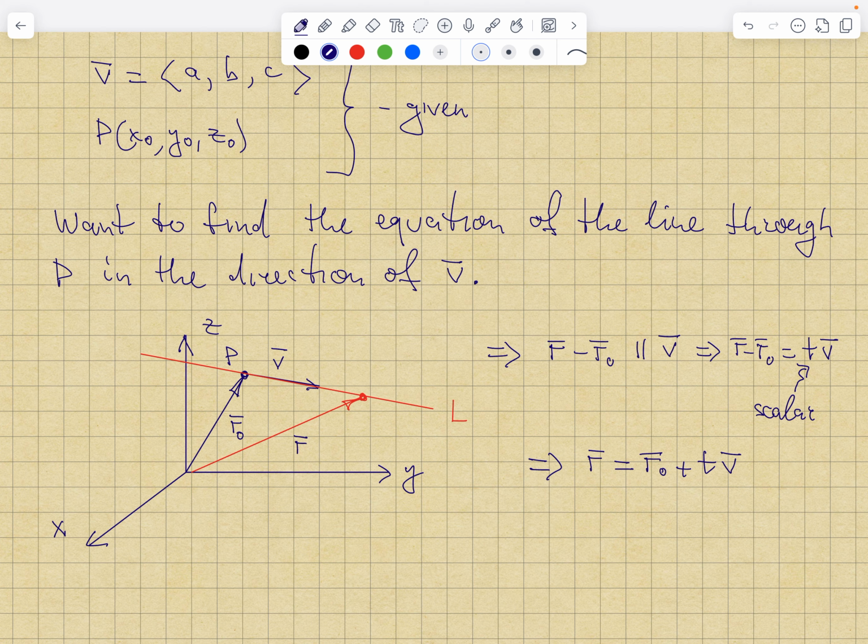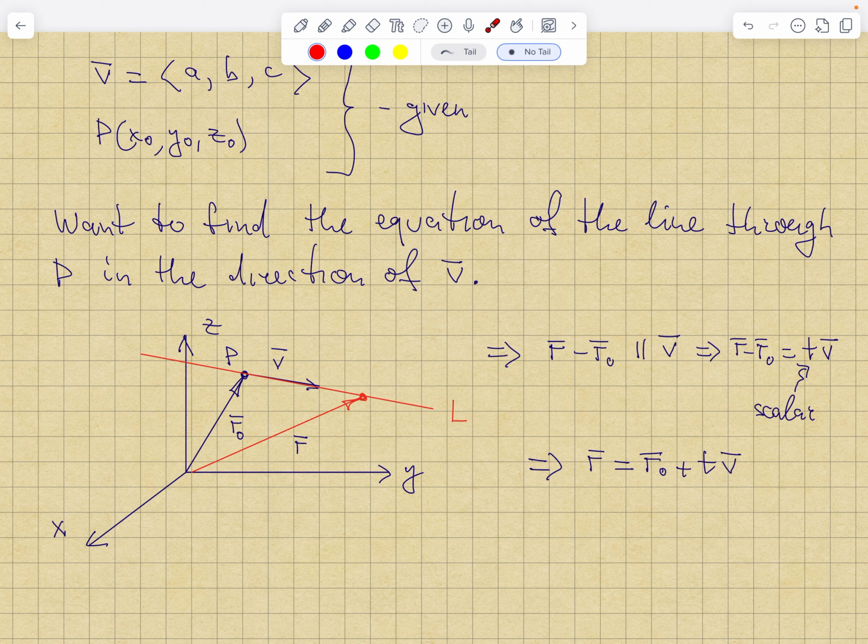And again, the interpretation of this equation that I gave you was that you're sitting at a point R0, you want to move along the line L, let's say with velocity v. So what is your position along line L at time t? It is going to be your initial position plus the displacement. So t plays the role of time, v plays the role of a velocity, and this equation simply describes the position of the particle that moves along the line L with velocity v.